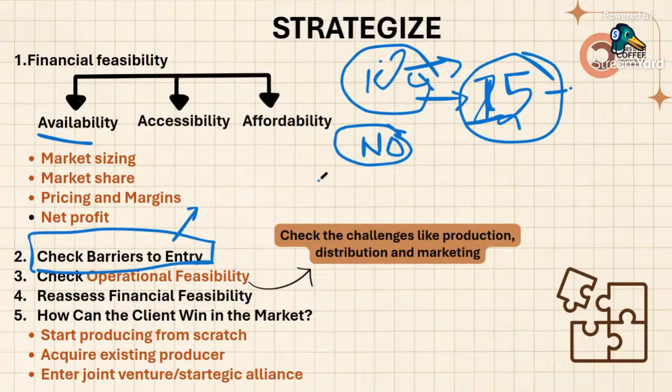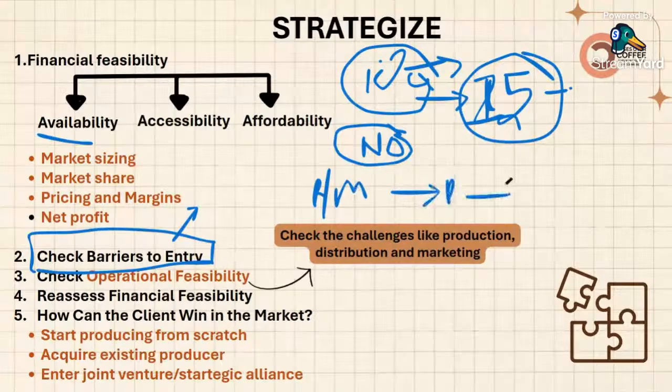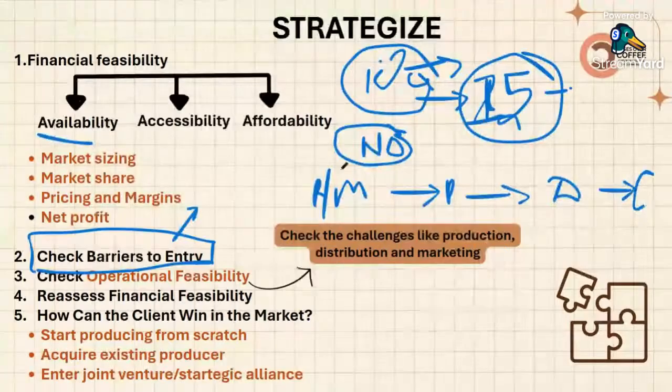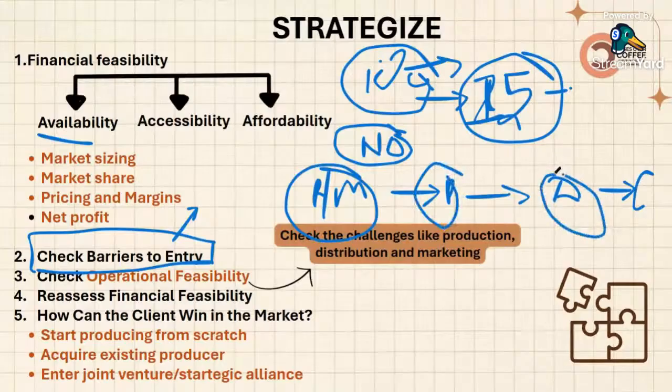Let's say we have the raw material, then the production, then the distribution, and then the consumer. Let's say we have raw material of 80,000, and out of the 80,000 we had 60,000 production and 40,000 as distribution.